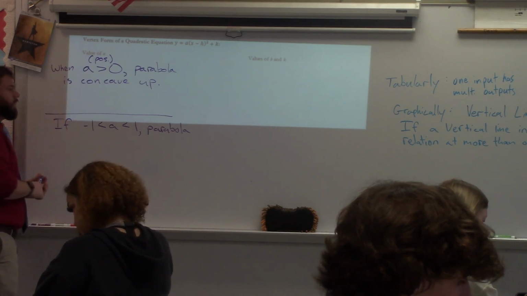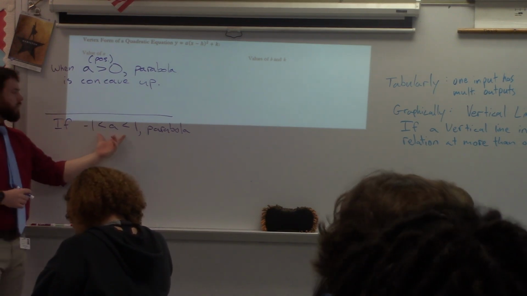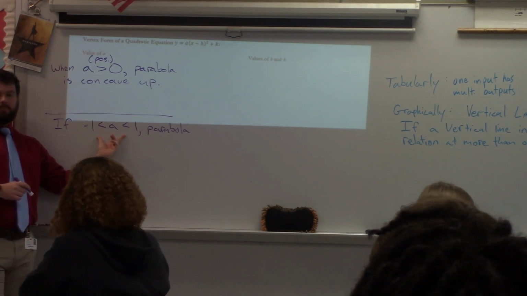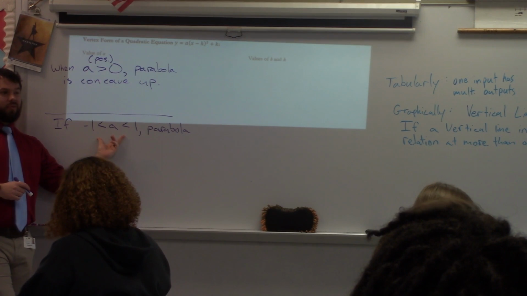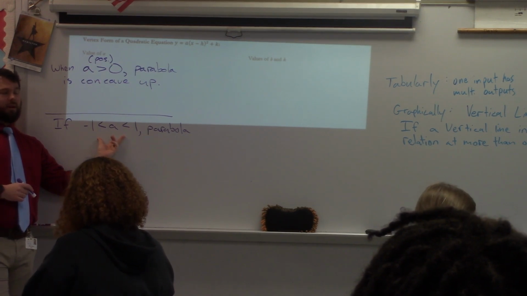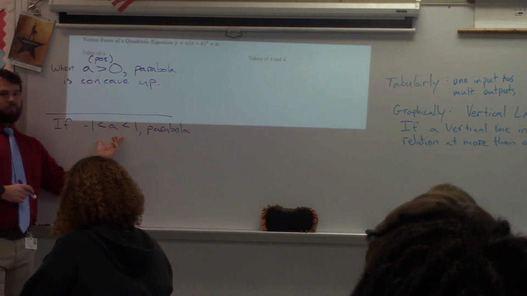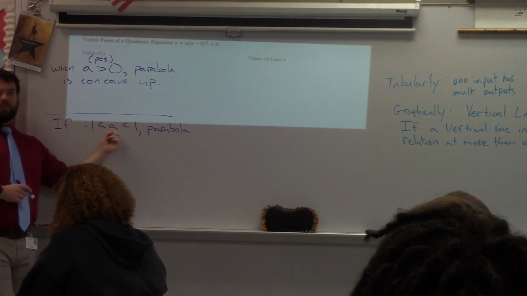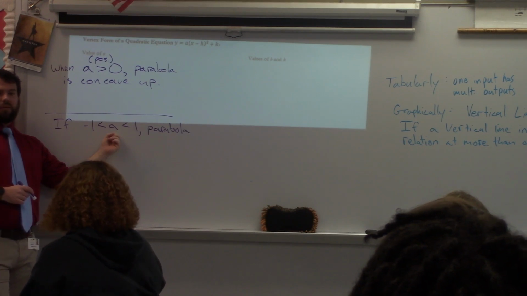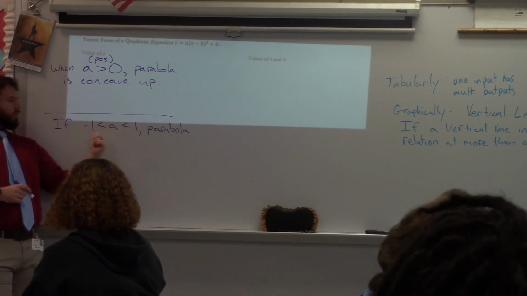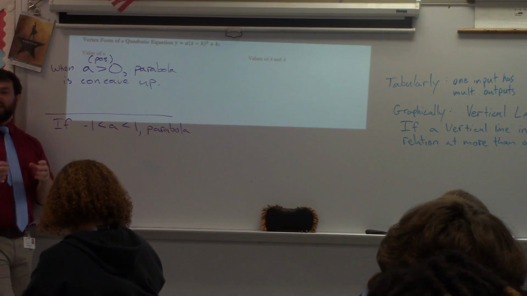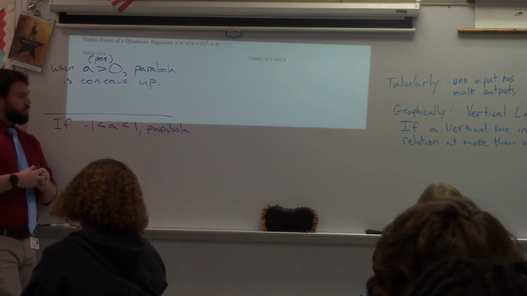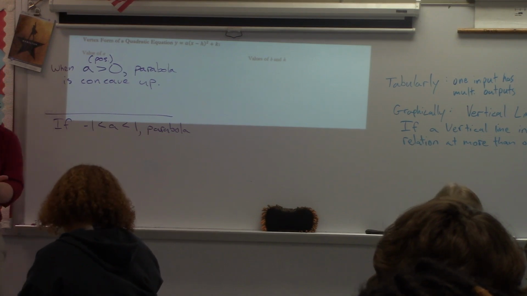We need to pay attention up here because I do want to note this notation as well. What is this saying? Okay, -1 is less than A is less than 1. What does that really mean though? It just means A is between -1 and 1, which is close to 0. If A is between -1 and 1, the parabola is, what did I say that word was?